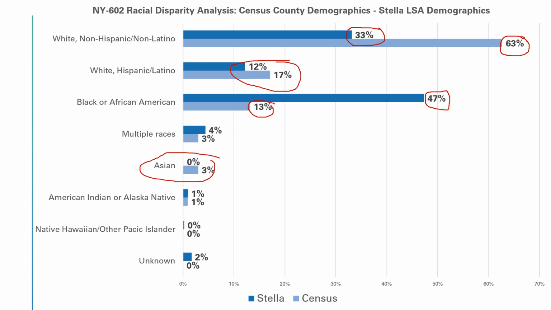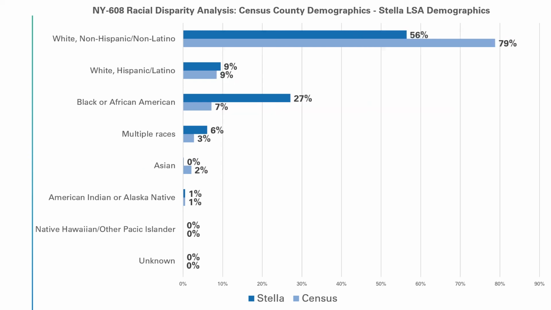Now we can move on to our last community, New York 608, this is Ulster County. And so right here we can see that these values are basically on par. So again, I'm curious to look more into the Black Hispanic community numbers than the white to see if we can see a little bit more going on there.